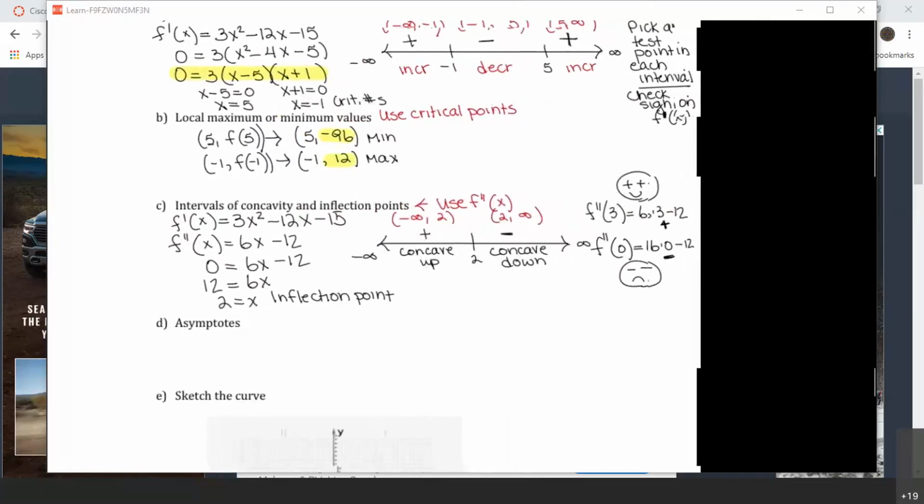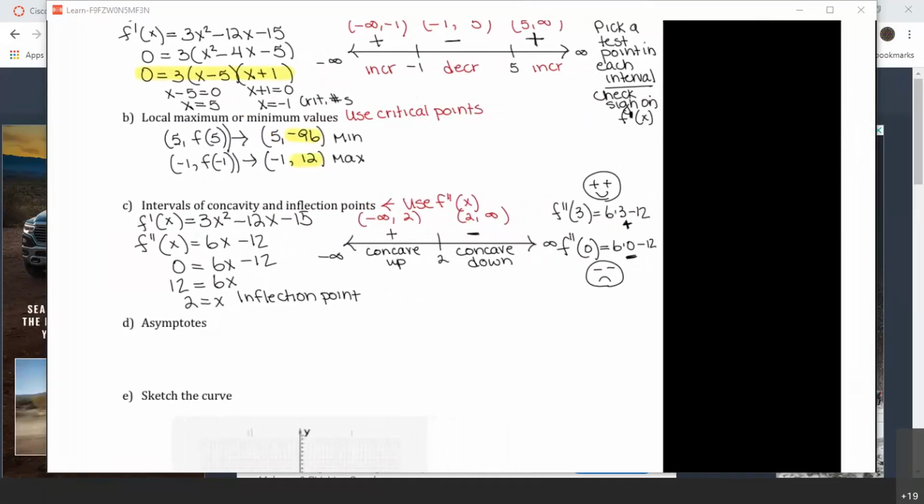So essentially it's concave up from -infinity to 2, concave down from 2 to infinity. Everybody good with that?